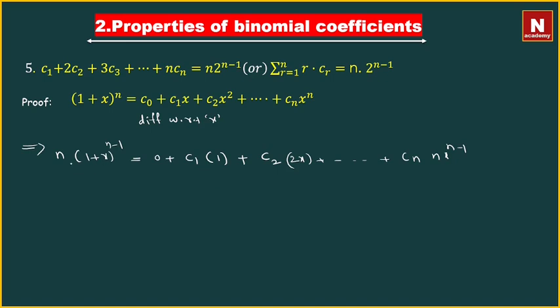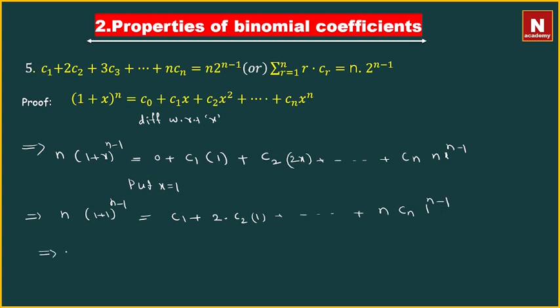Now substitute x equals 1. Put x equals 1, we will get the required result, because here 2 power n minus 1 is required. So when you substitute x equals 1, that will be n into 1 plus 1 whole power n minus 1 equals C1 plus 2 into C2, where in place of x I am substituting 1. So 2 into C2 into 1 and so on, last n into Cn, with x place I am writing 1 power n minus 1.